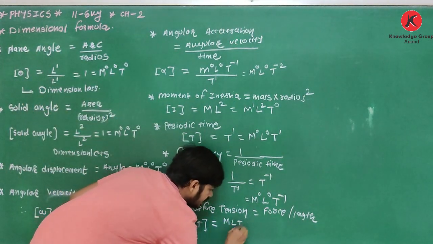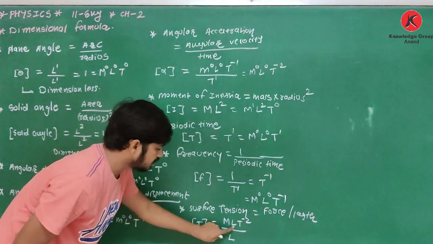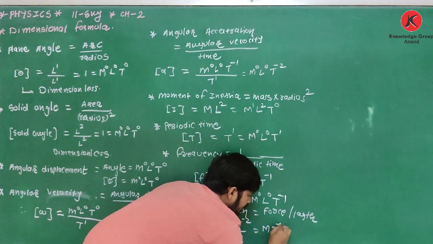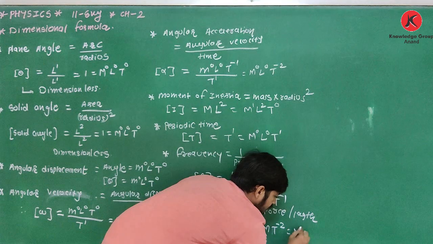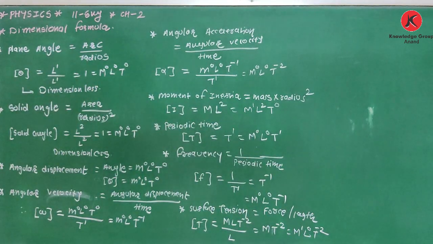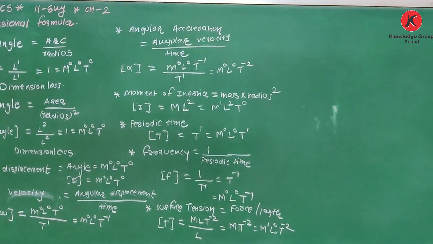It is MLT minus 2, where dimensional formula of length is L. So this L cancels, then it is only MT minus 2, or you can write it is M1 L0 T minus 2. It is dimensional formula of surface tension. Clear about this? If you remember equations, you can easily derive dimensional formula.